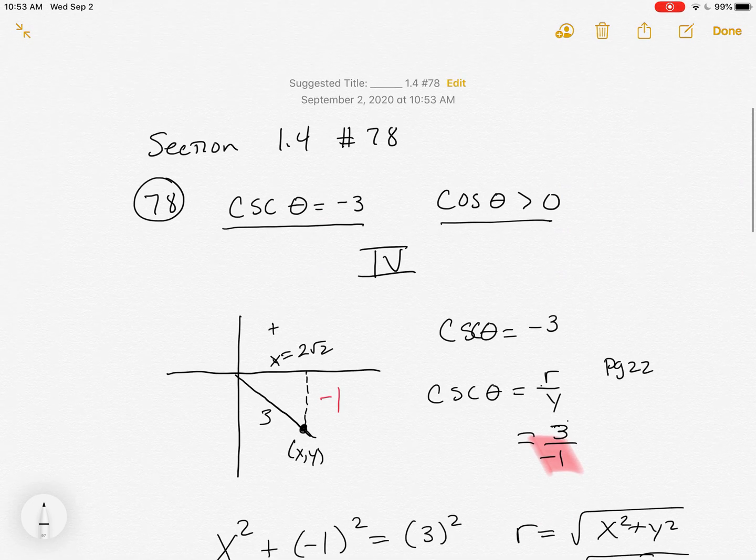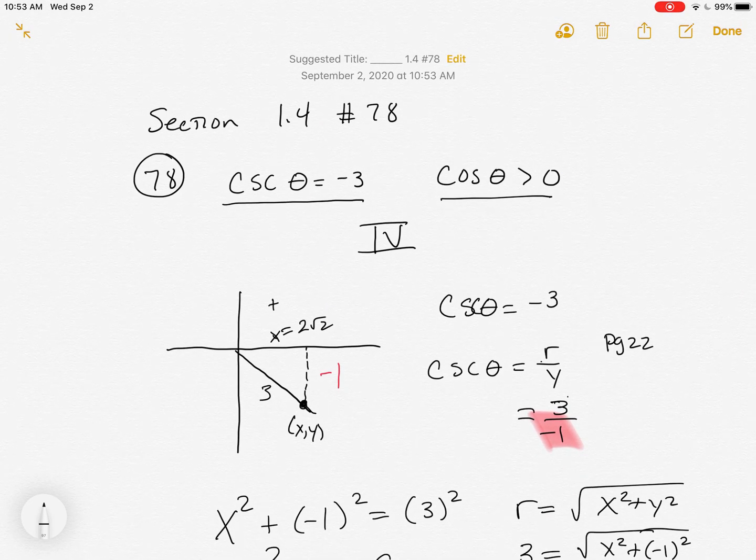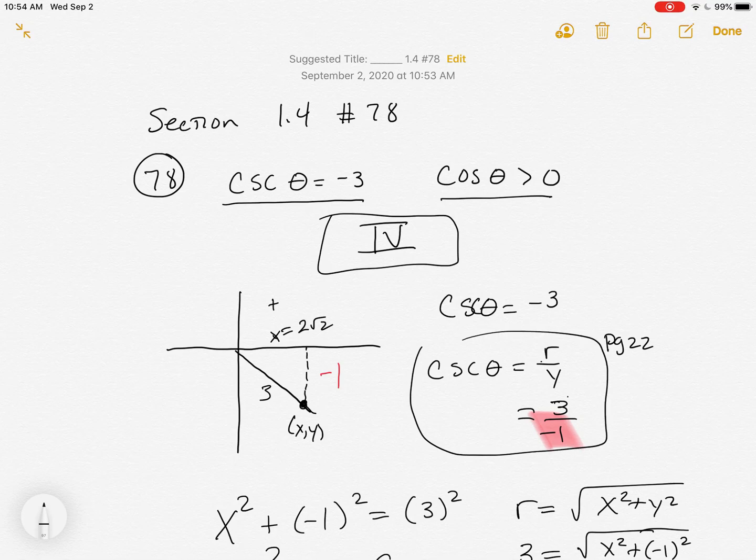If we recap for a minute, they gave us some information, and the first thing that we need to do is utilize that to know what quadrant we're in. The reason we want to know what quadrant we're in is that it gives us the right signs on the x's and the y's. R is always positive. So knowing that we were in quadrant 4, we drew a picture putting in what we knew. Because cosecant was equal to 3 over negative 1, we knew r, and we knew y for a particular point on that line.